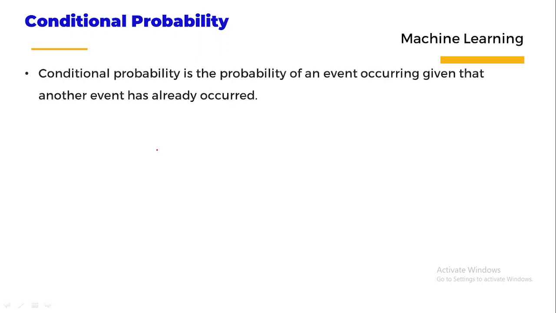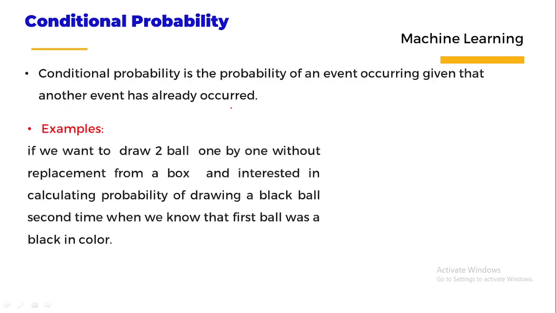Now we will see what is conditional probability. Conditional probability is the probability of an event occurring given that another event has already occurred. Or we can say when we want to calculate the probability on a condition, that is conditional probability. Again we are considering the same example here.